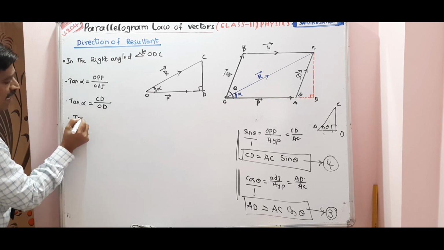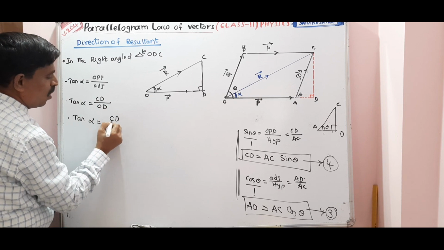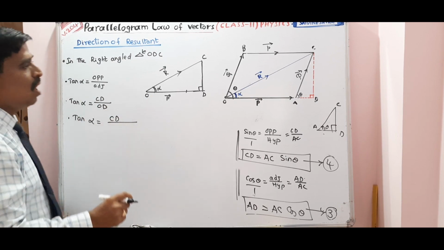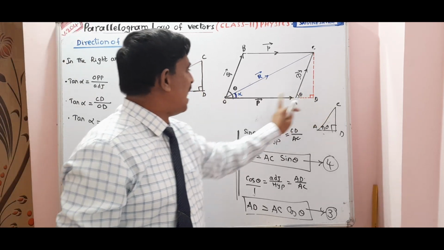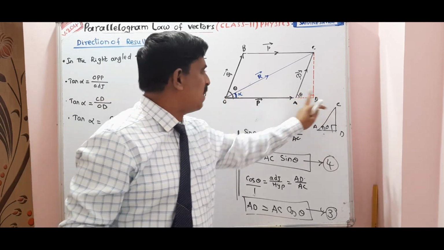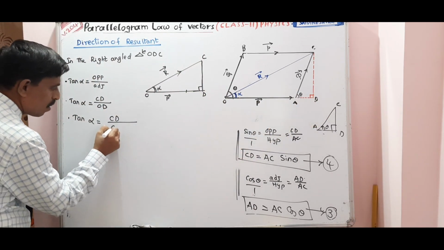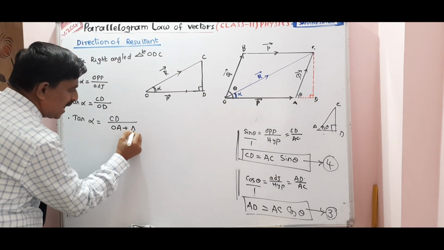Tan alpha is equals to CD by OD. OD can be written as OA plus AD.